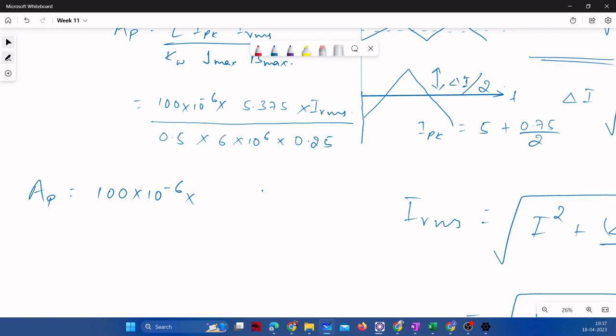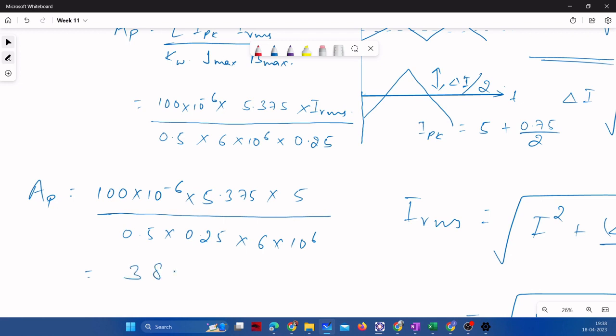Now we computed IRMS, we plug it into the area product. I peak was 5.375, IRMS is 5.5, into 0.25 into 6 into 10 to the power 6. If you compute it, you will get some 3587 mm square.